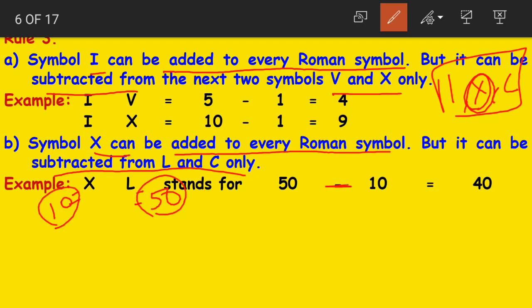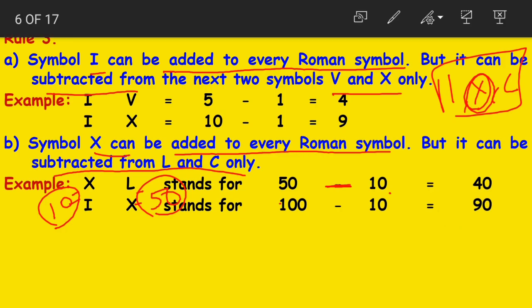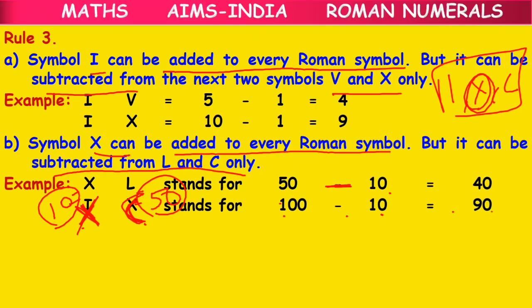So we'll subtract: 50 minus 10 gives us 40. Moving on, this should be XC. Okay, sorry children. XC means 10 and 100. 100 minus 10 gives us 90.